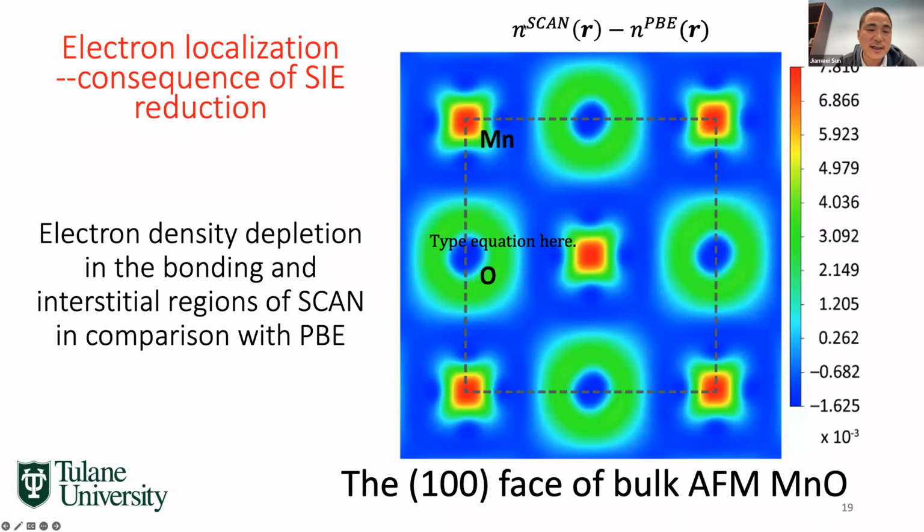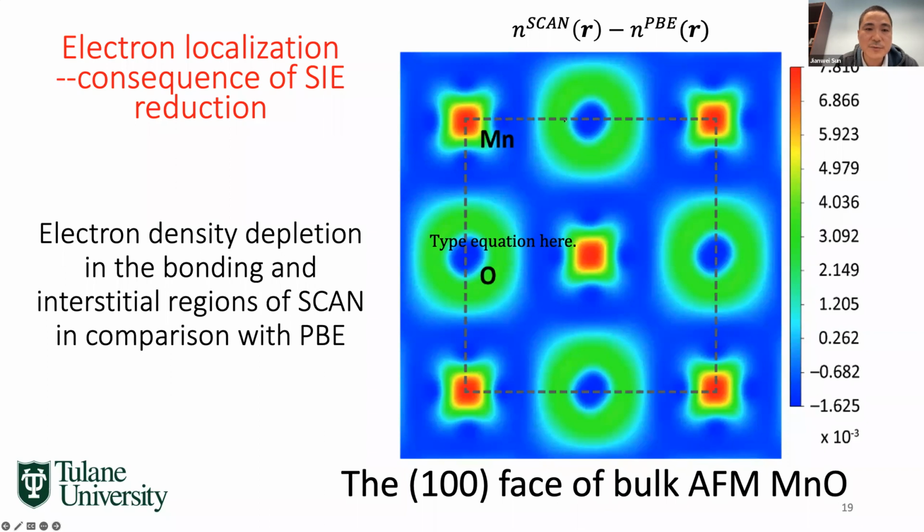So this is the electron localization we can see. We just take the electron density difference of SCAN and PBE, right? So the blue regions here are negative and red is positive, meaning that SCAN actually moves some electrons from the bonding region.